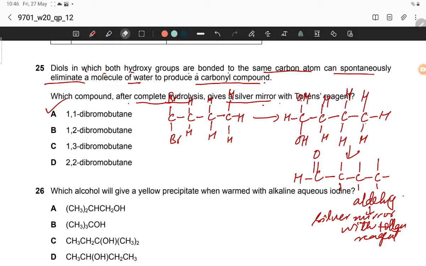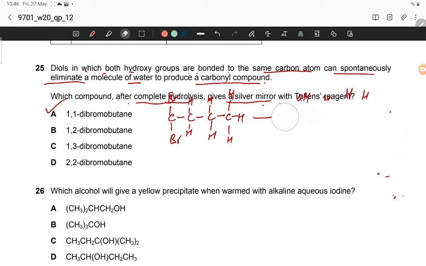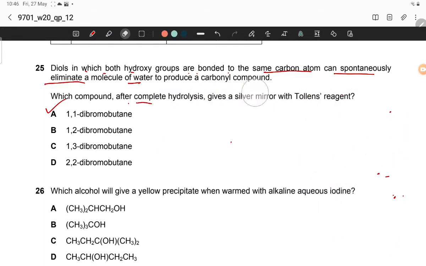Now let's check another compound. 1,2-dibromobutane. 1 2 3 4. OH, OH.